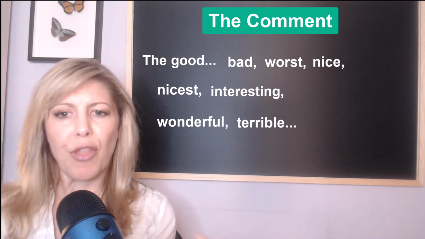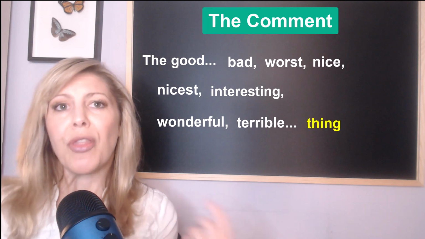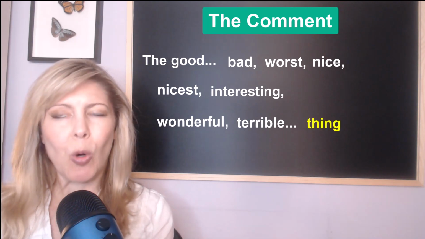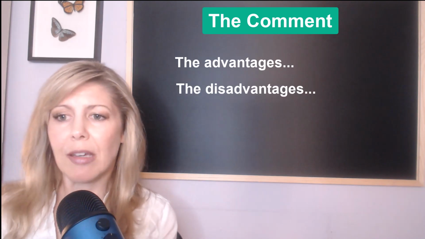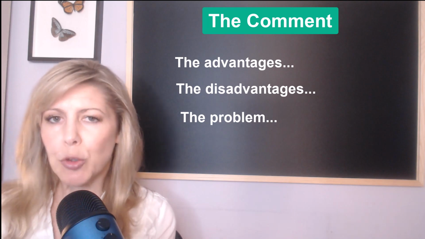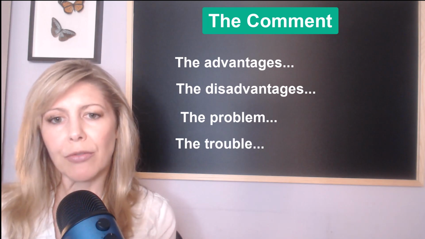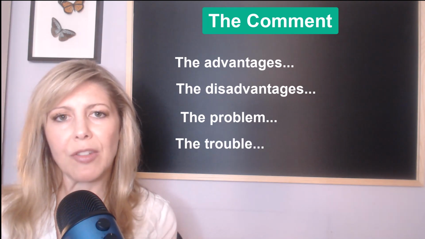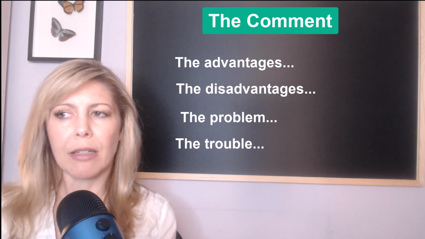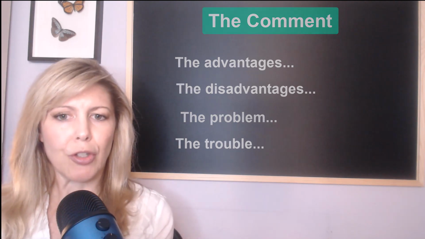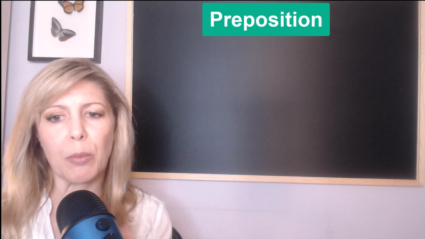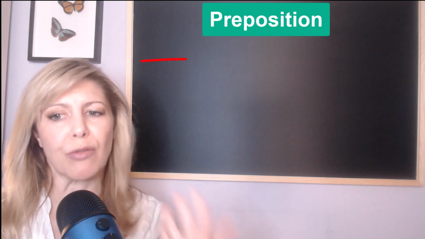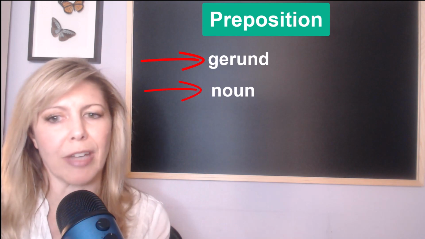And then we say thing, the good thing, or we say the advantages, the disadvantages, the problem or the trouble. That's usually the first part, and we call that our comment. And then after that, it's pretty typical to use a preposition. And so when we use prepositions, we usually follow with a gerund or a regular noun.